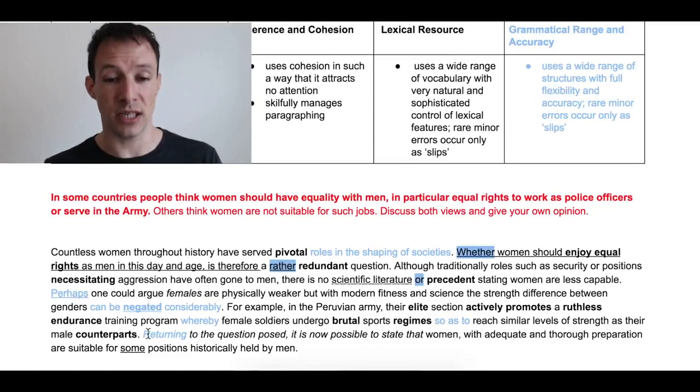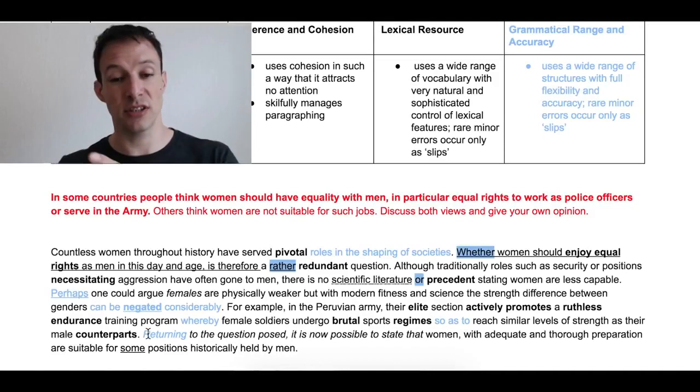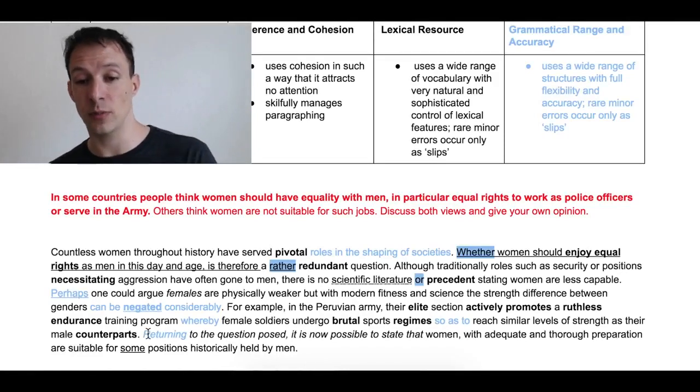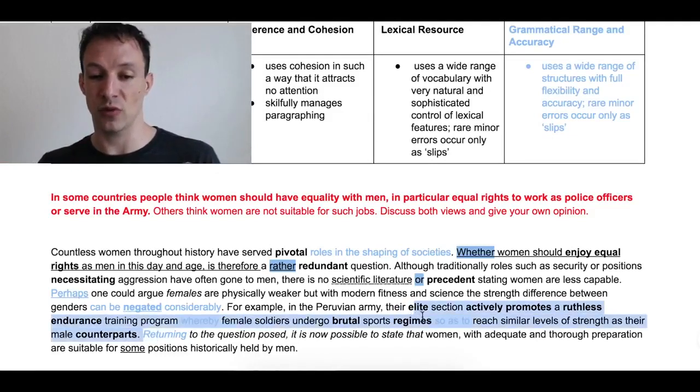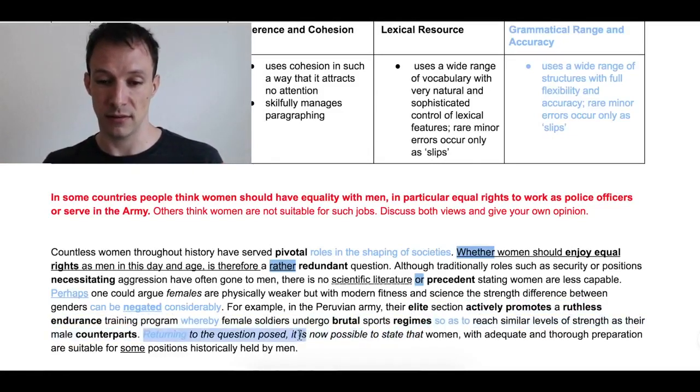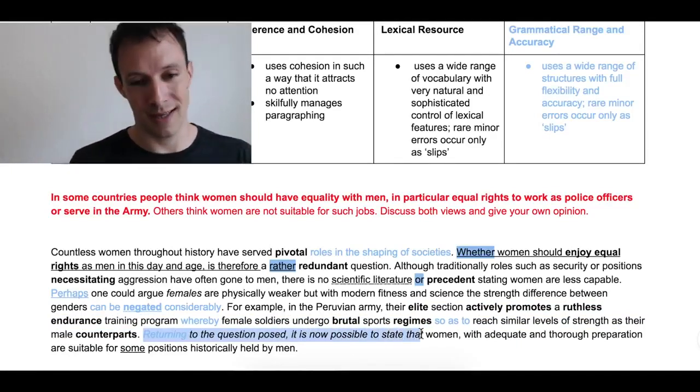There's a wider range. Here I'm starting with the gerund, returning to the question posed. It is now possible to state that women. So, by the way, that's a useful copy-paste sentence. Returning to the question posed, it is now possible to state that whatever.